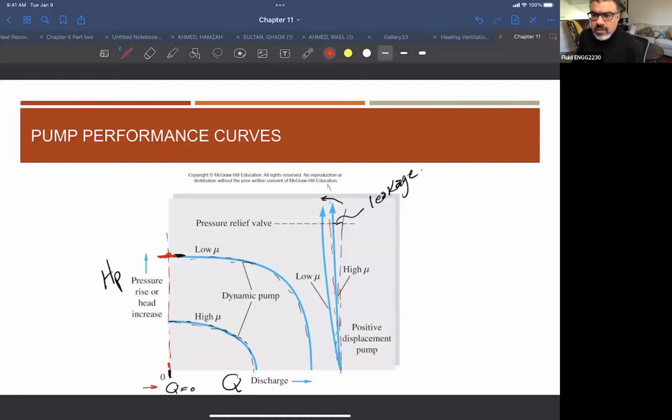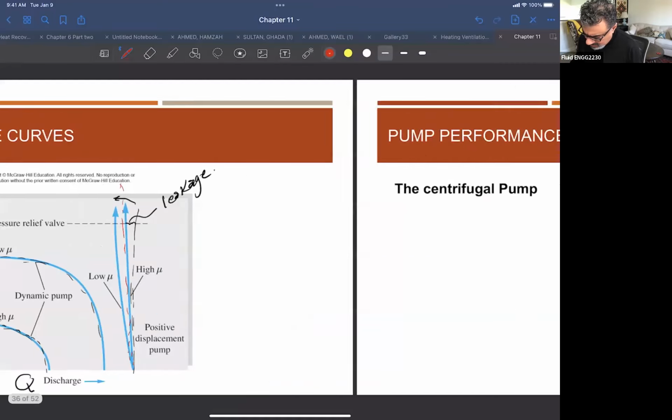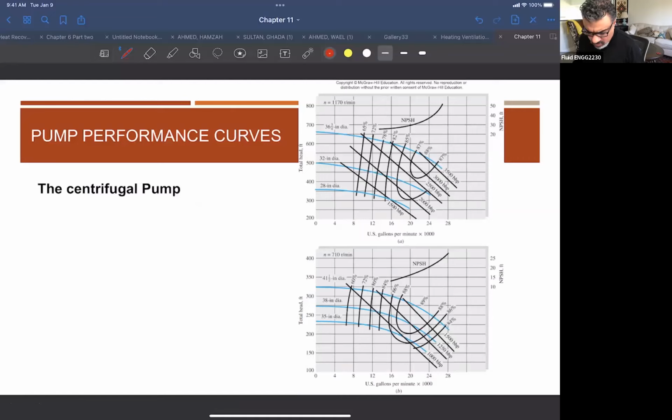So if you close the valve for a positive displacement pump, you might see damage in the system because the pressure keeps increasing, or even the motor that is driving the pump will burn out, because the pump cannot withstand a complete closure at the exit. And last time we stopped at this slide, when we talked about how those types of performance curves of the pump are provided by the manufacturer, right?